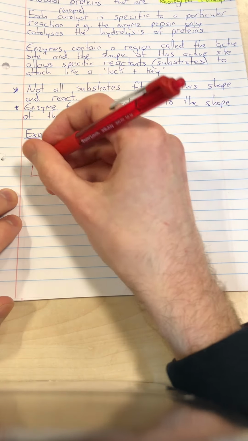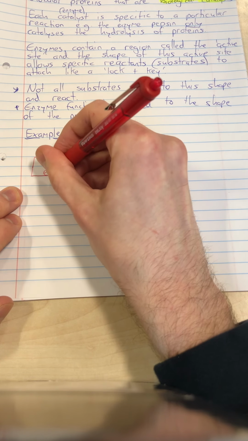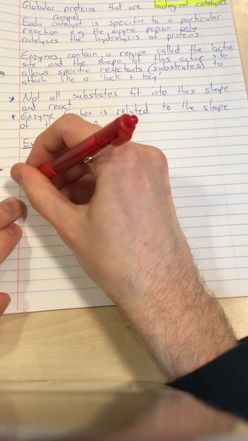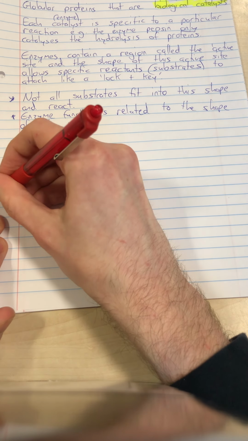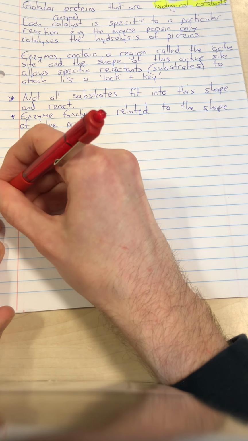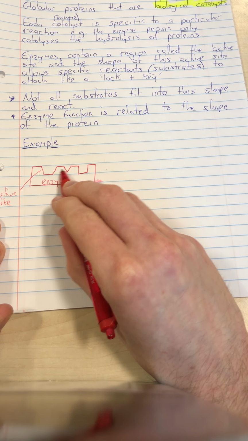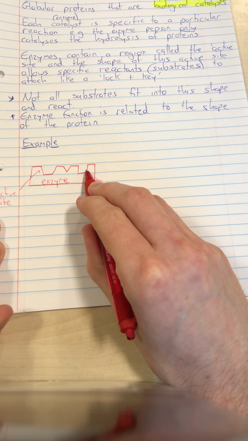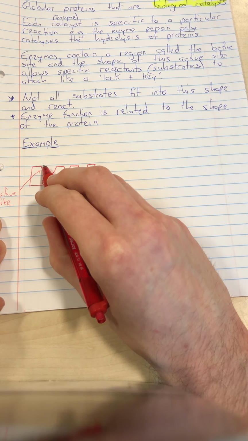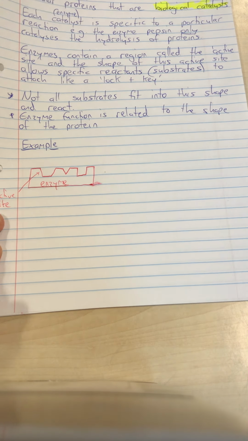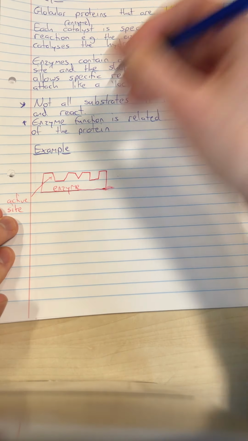So if we call that our enzyme, and I should point out that's your active site. You've got an active site there, and there, okay? So the active site's essentially these wee shapes. But again, that's not as important here.